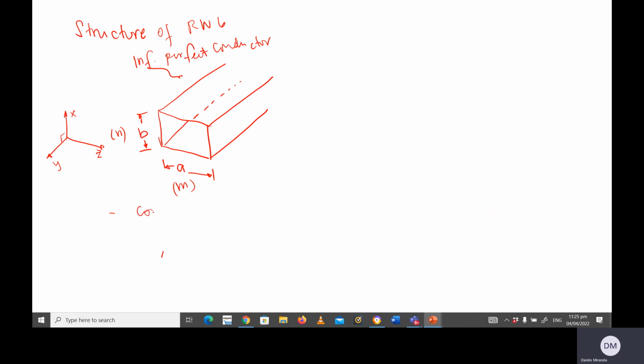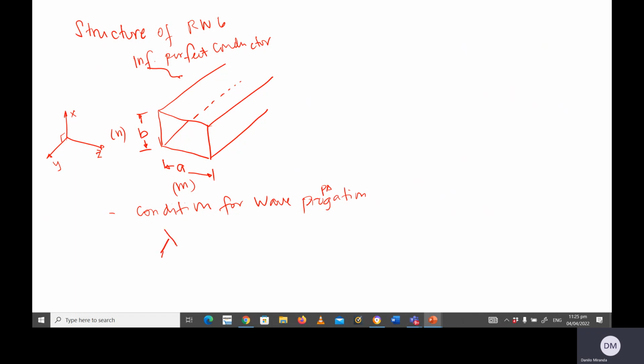So the conditions to be followed for wave propagation. So pag hindi natin na-satisfy ang ating propagation, definitely hindi siya feasible.